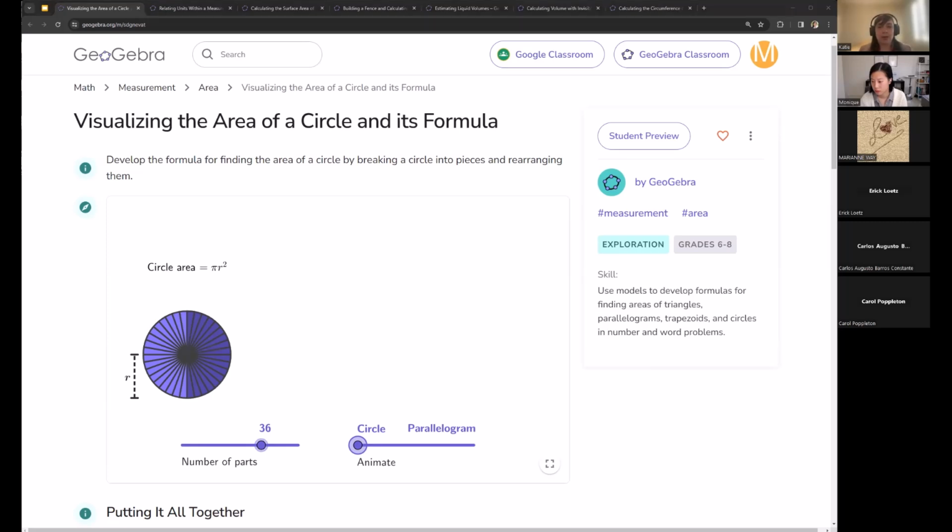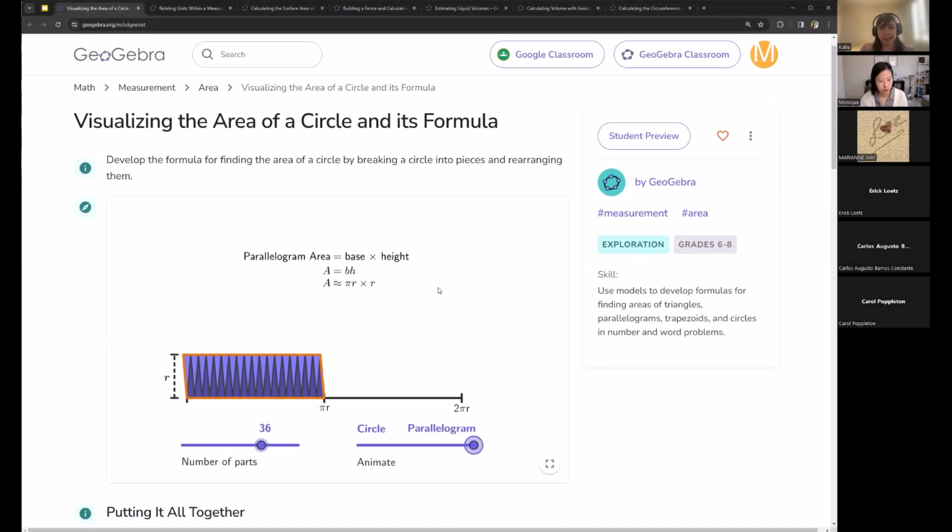Once you go back over to the parallelogram, you'll even see the equation at the top for the area of a parallelogram. And hey, look at that. The area approximates pi r times r, coming from base times height, which is a lot like area equals pi r squared. And from here, you could even manipulate the number of parts again within the parallelogram.